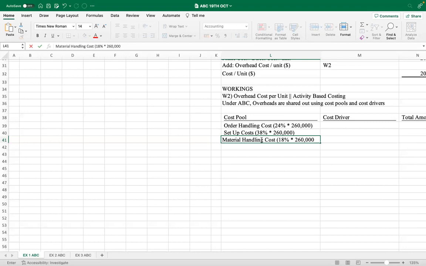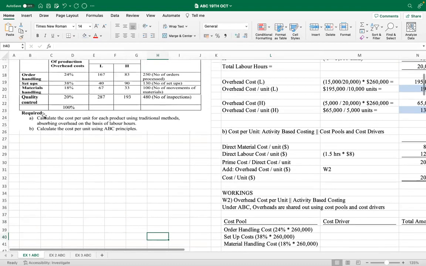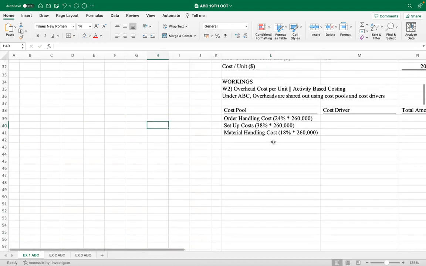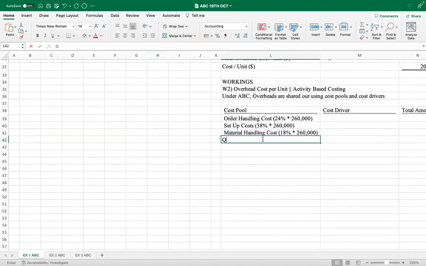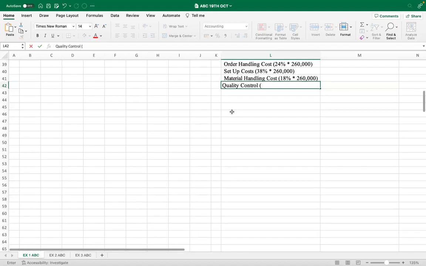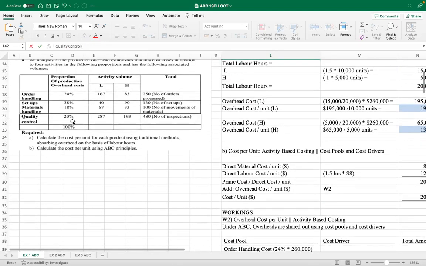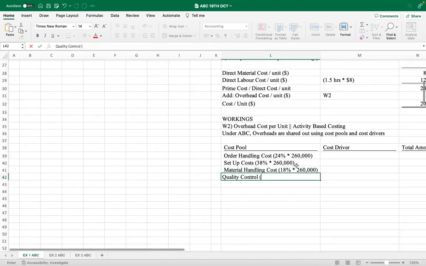The next cost is quality control. What percentage were we given? 20%, times 260,000. So that is the first part.